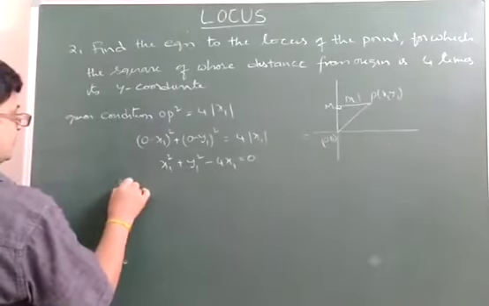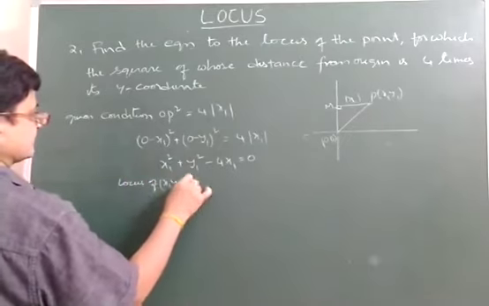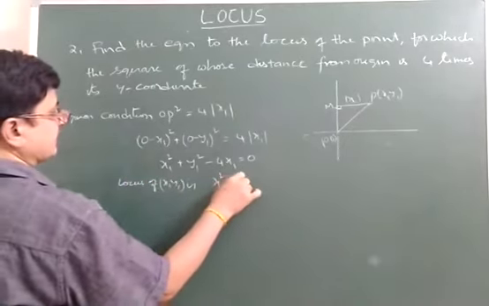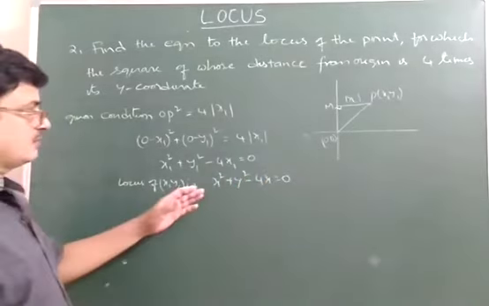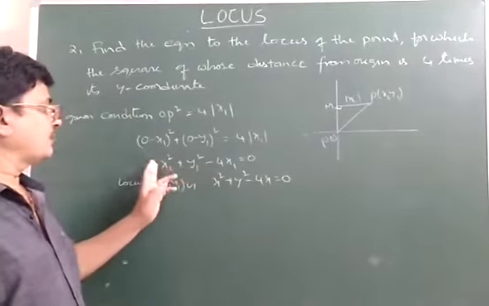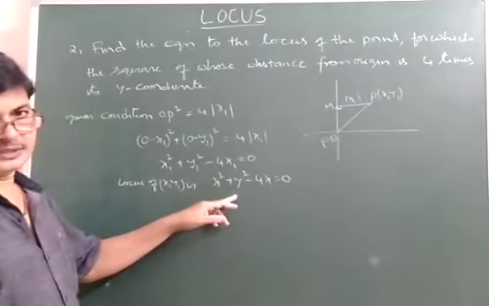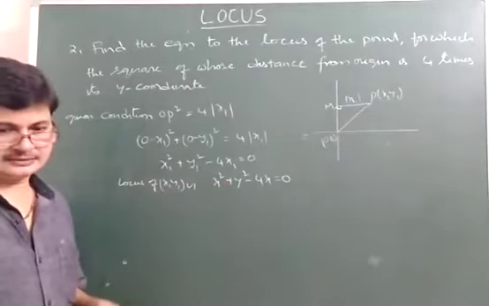So the locus of (x1, y1) is x square plus y square minus 4x is equal to 0. Locus is always a second degree equation. That's why we apply squaring on both sides and get the required locus.